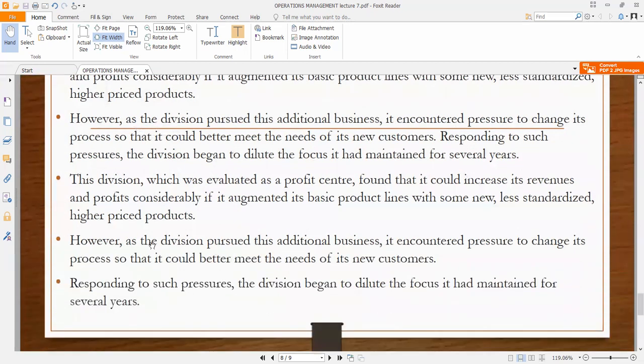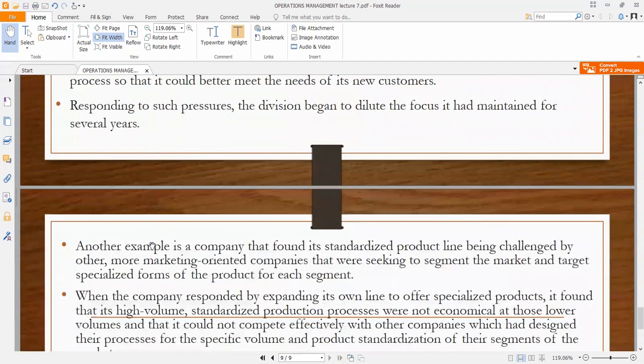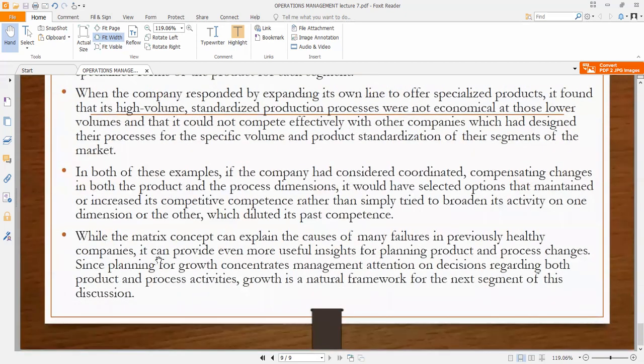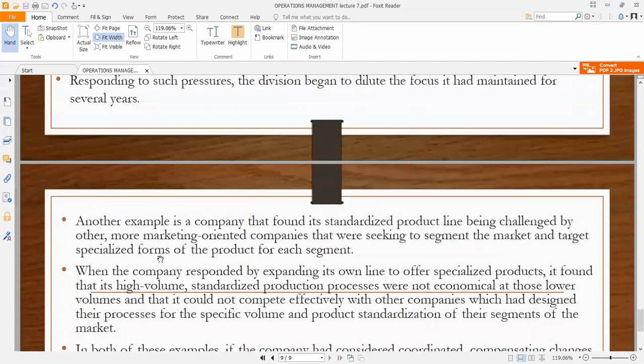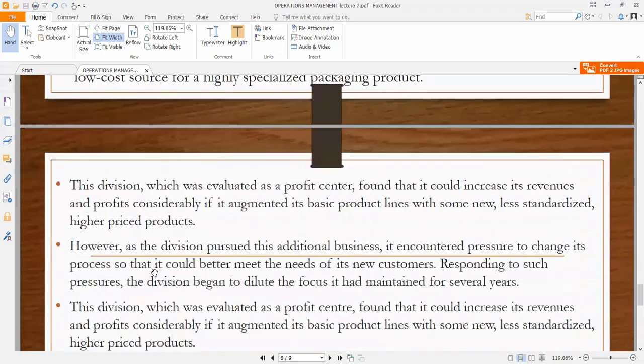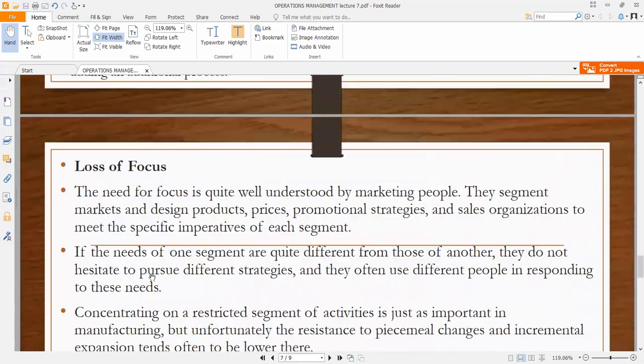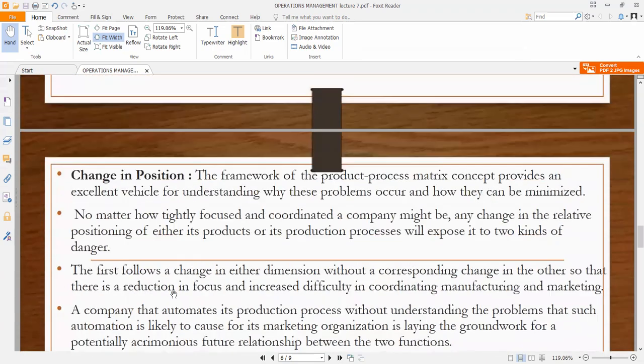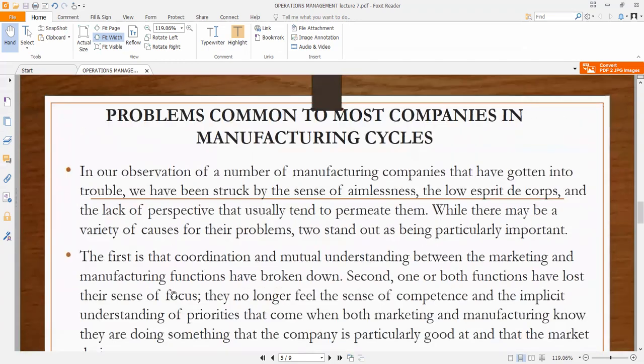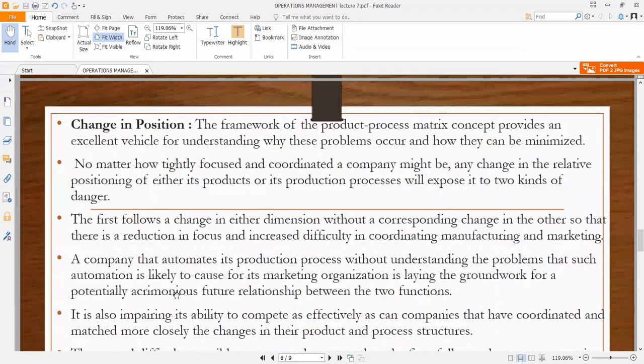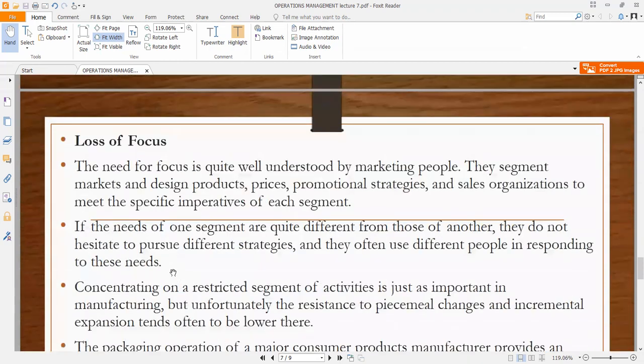Here, basically, we are talking about the difficulties that changes bring, and you can go ahead and study more on this. However, the major focus is on changes in position as well as loss of focus.